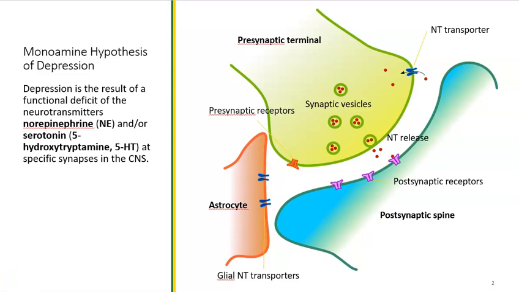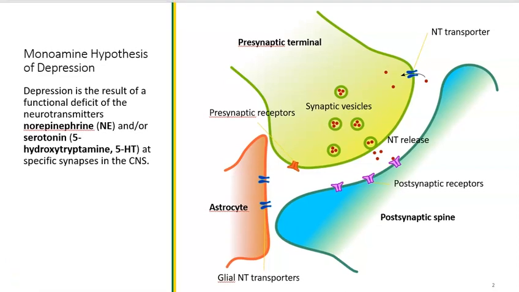So under normal conditions, a presynaptic action potential will depolarize the presynaptic terminal, which will open our voltage-gated calcium channels. Calcium will influx, which triggers the vesicles to fuse, or merge, with the cell membrane and release neurotransmitter into the synaptic cleft.